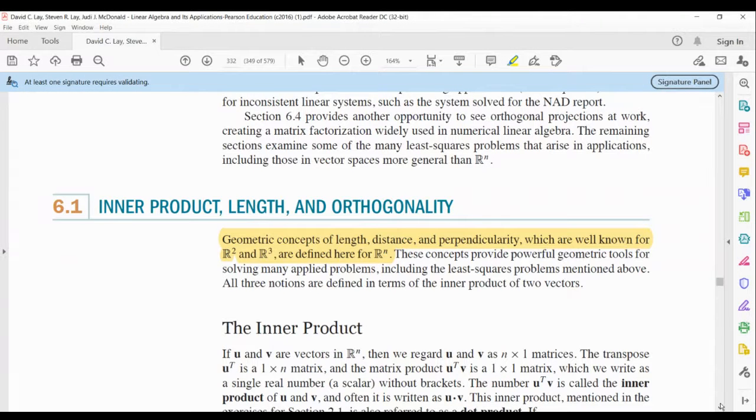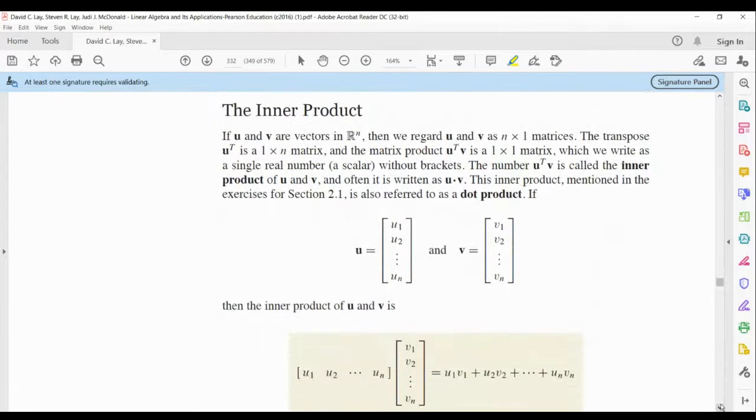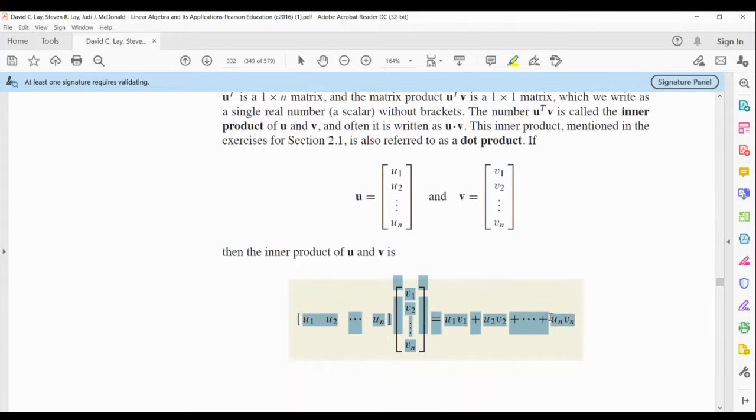Now, the first thing you're going to learn about is what's called the inner product. So the inner product is the same as the dot product. Okay, if you have two vectors, u and v, the inner product of the vectors, let me blow that up a little bit here, is defined as you take the components of each vector and multiply them together.